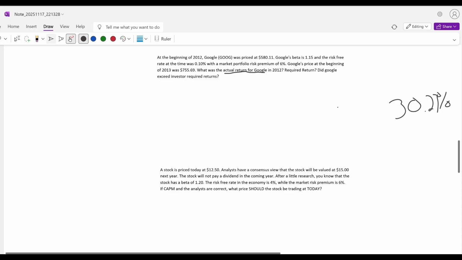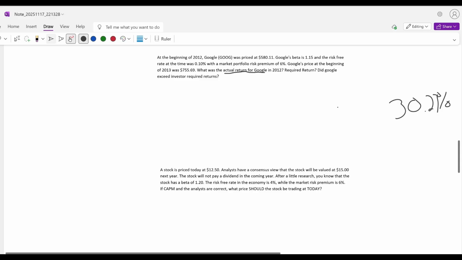What is the required return? The required return, like we said, is the market risk premium of what investors expect to receive above the beta because of the risk that they're taking on. What comes with that is the CAPM formula.